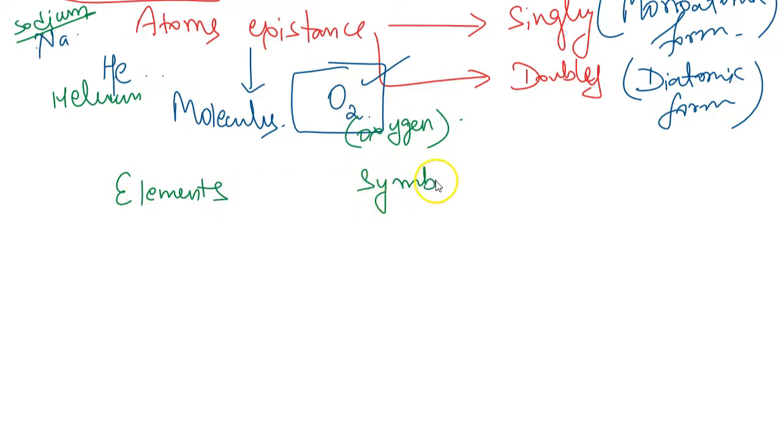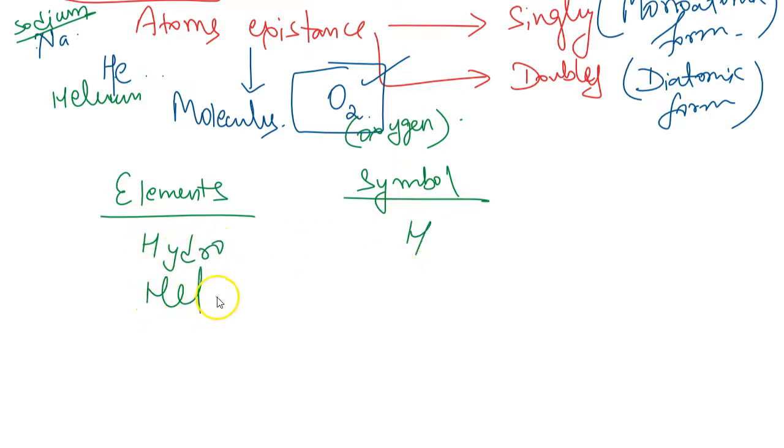So there is a symbol for different elements. And why do we use symbols? To just ease the writing. So for example, hydrogen is represented by H, helium is represented by He. So instead of writing the complete name, I'll be just interested in using the symbols.